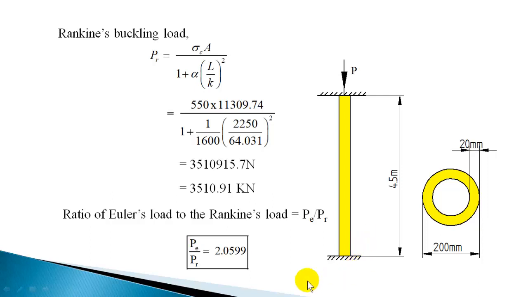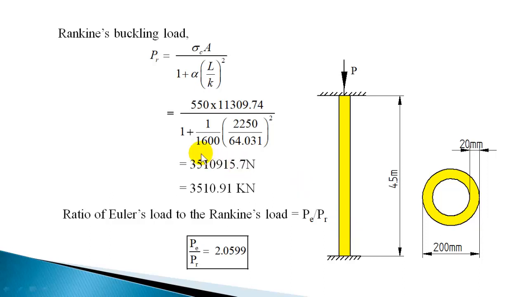To check that, you have to find the critical value of slenderness ratio, that is root of pi square E by sigma C, and compare it with the slenderness ratio of this column. So this might be a short column and Euler's formula may not be applicable here.